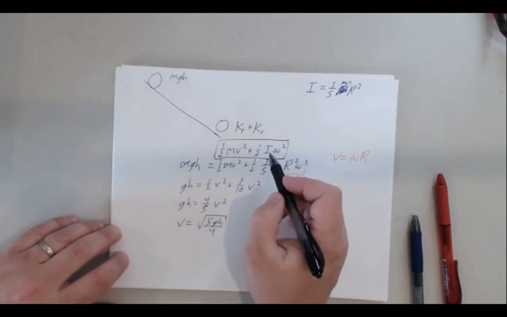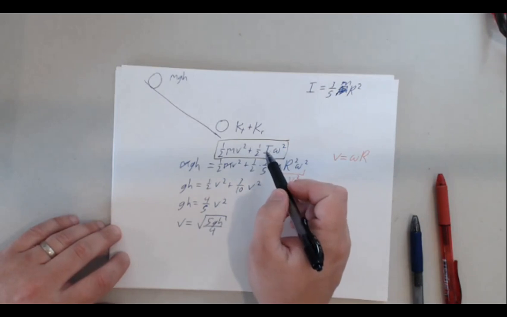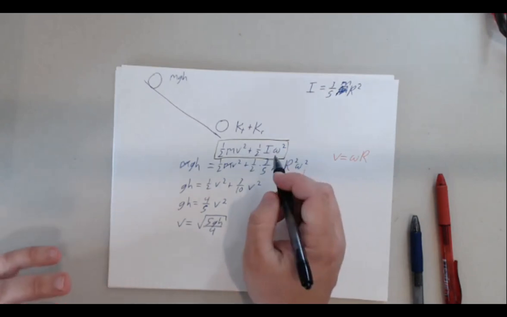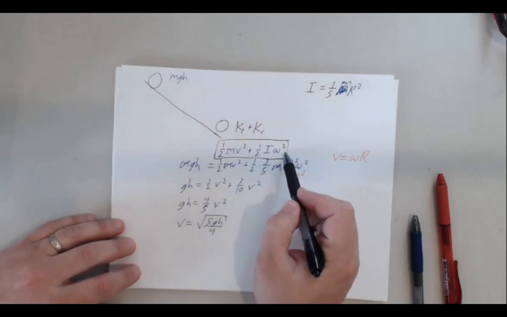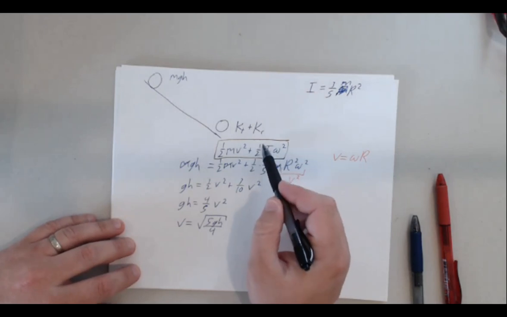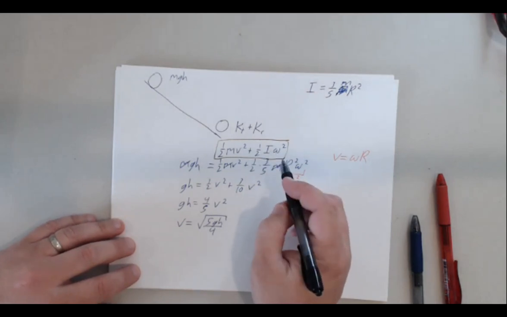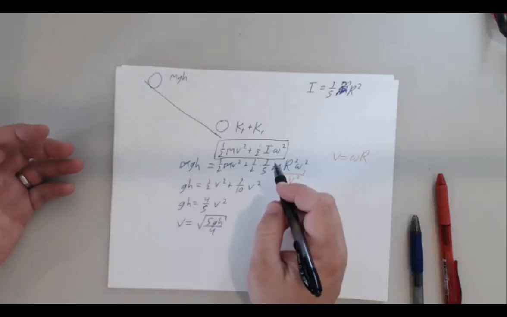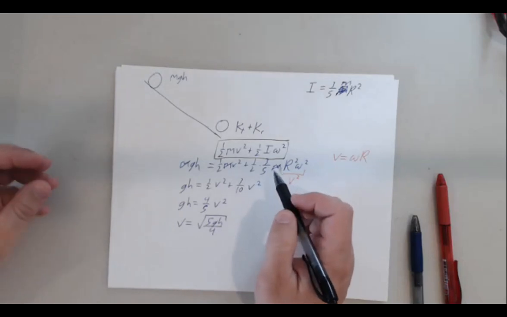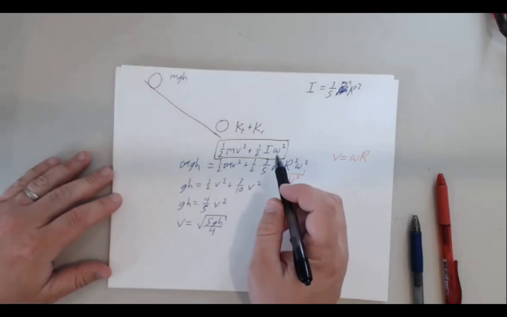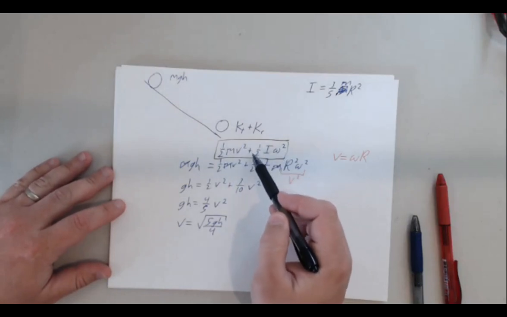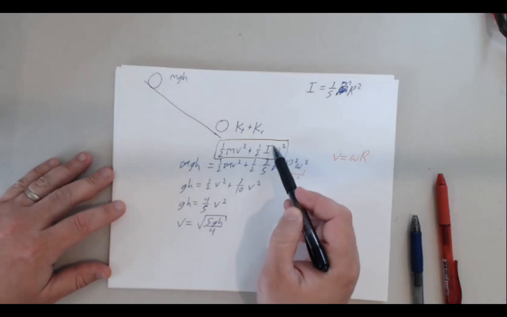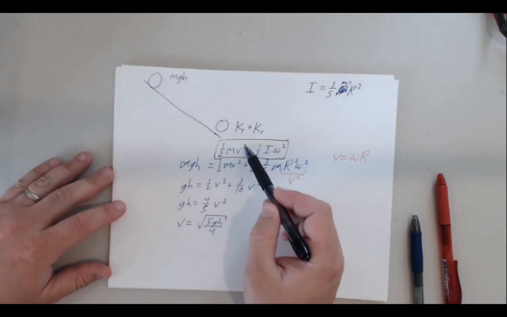If we're not rotating, if we're sliding down the hill, if it's as frictionless as possible, what does that mean for our rotational kinetic energy term? It's going to be 0 or really close to it. The boulder's still a sphere, so it's probably still going to roll a little bit, but just a little bit. Which means that if this term is really small, this term has to be bigger, right?